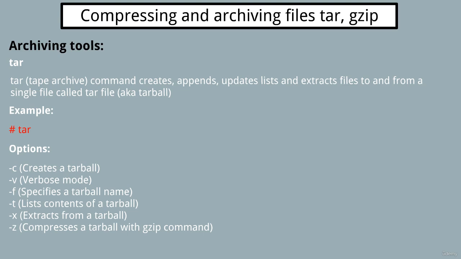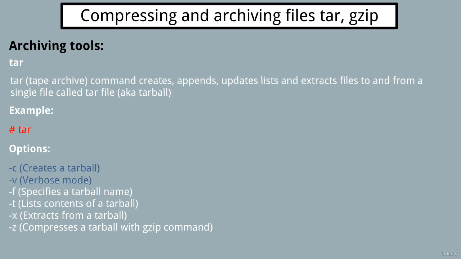For example, you can use tar with the c option, which will create a tarball. v is verbose mode, which means it shows you what it's doing on the screen. f will specify a tarball name, etc. Let's use some of these examples so you can have a better understanding.